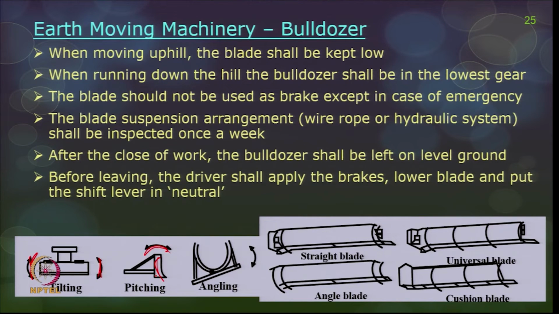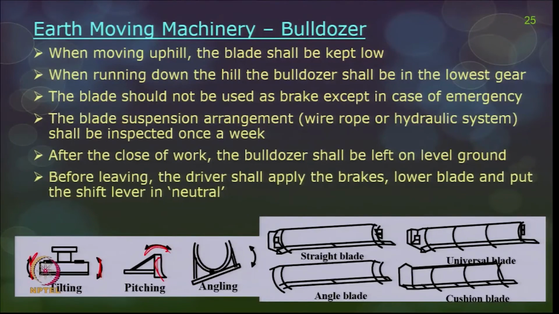When you have a curved part of an excavation, the blade can be pitched so that it goes in a curved path. Angling is the angle with which the cutter blade is cutting the earth, and pitching is the movement too far or too close to the equipment.